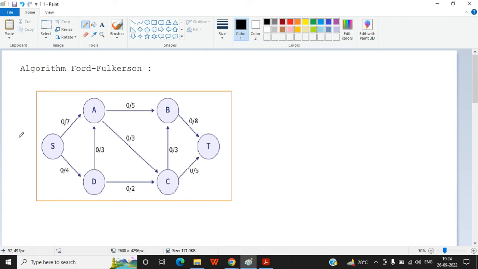The purpose is to send a flow of oil or chemical, anything, through the pipelines over a factory.